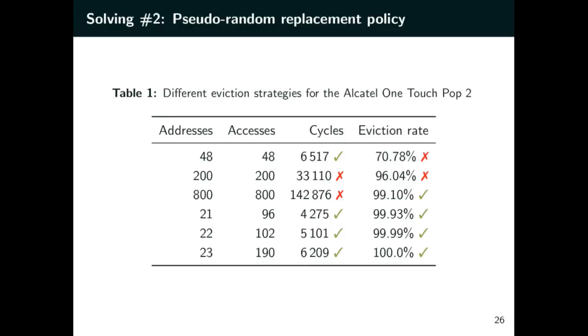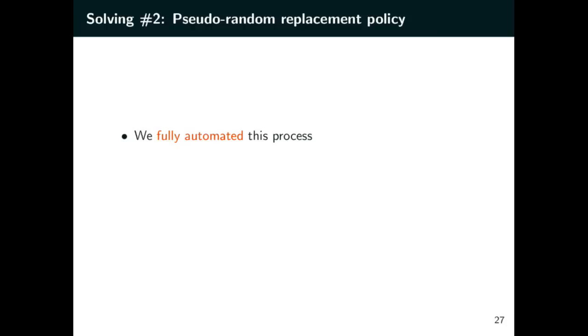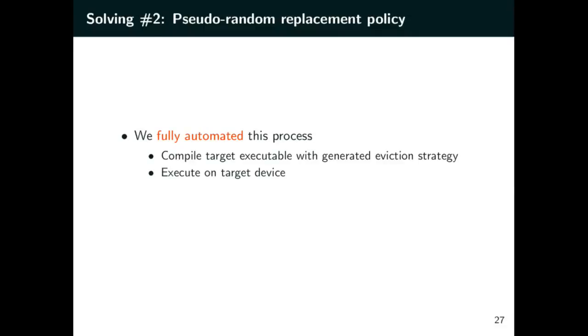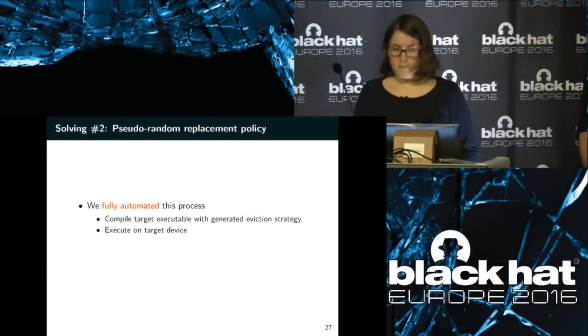Now I'm pretty sure that this all sounded like voodoo. We have different addresses, and we access them multiple times. This is the kind of thing that we started to do manually with ARMageddon, but it's really a pain, so we fully automated this process. The idea is that we generate a lot of eviction strategies, execute them on the target device, and then we have a lot of log files, and we build a database to be able to compare these eviction strategies.